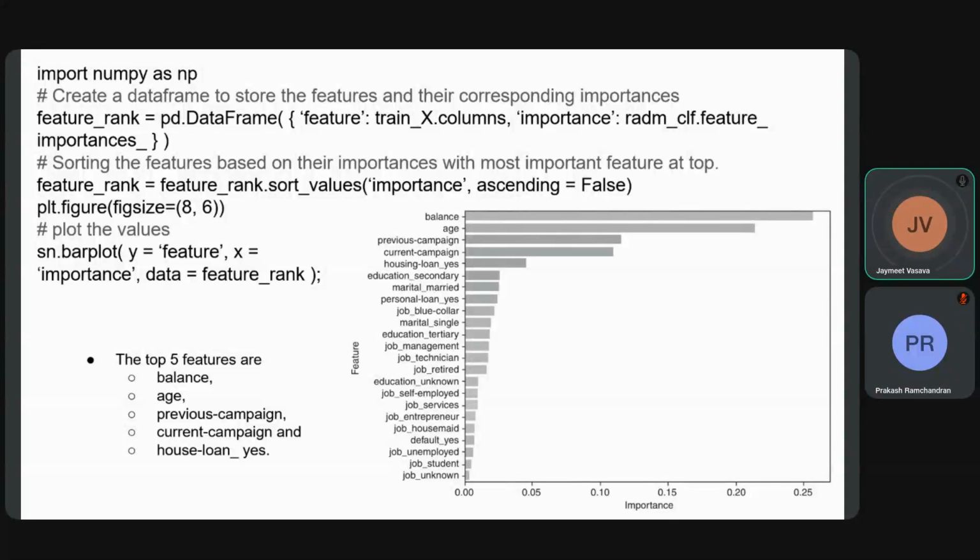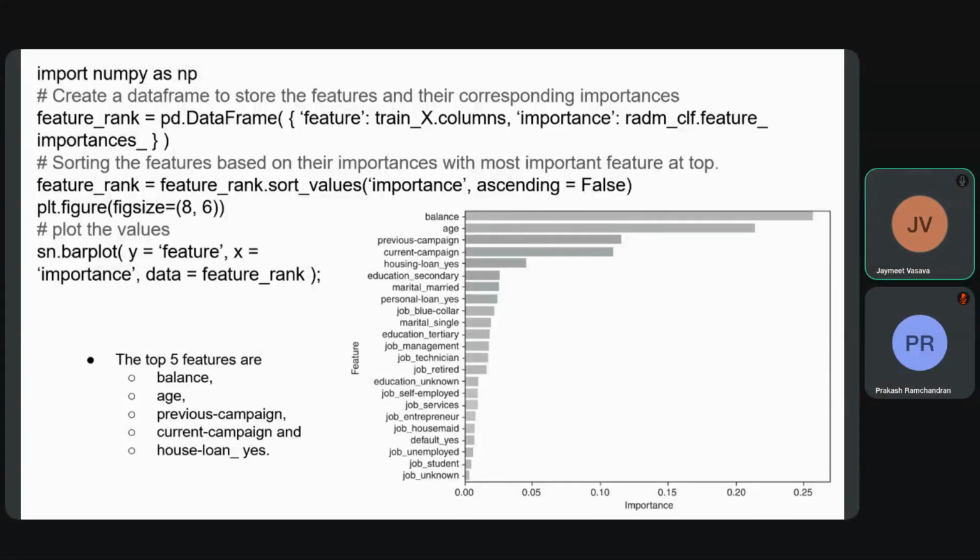We're starting with importing NumPy, using the data frame for feature rank, then sorting the values of the feature rank with ascending equals to false, meaning that the highest values of the features will show first. Basically, that's the only reason why we use ascending equals to false.